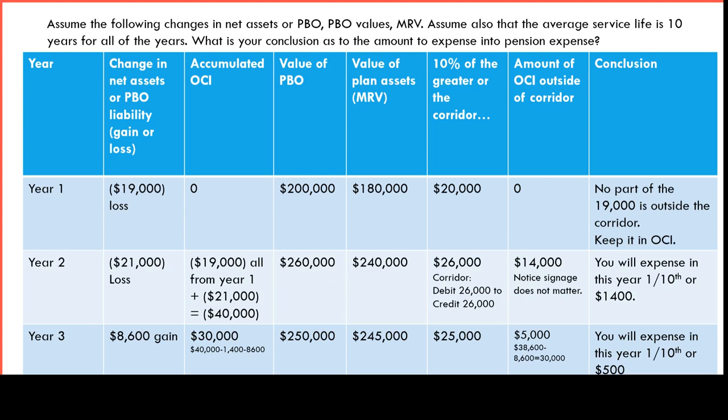That's the only amount we can have. So the easy way to look at this is to say, let's get that AOCI down to the maximum amount, and the maximum amount we could have in there is 26. Don't take all of that difference out. Take only part of it out.